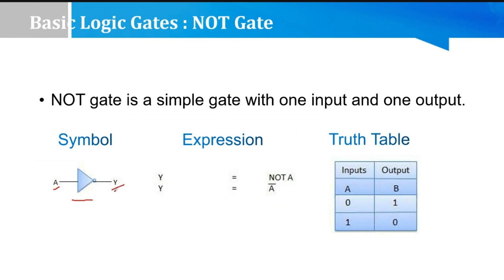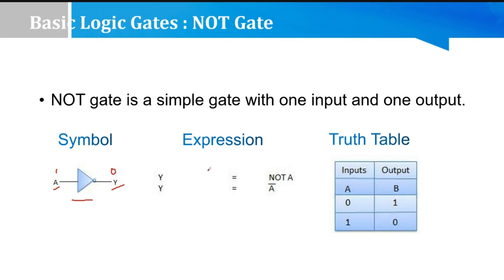How does it operate? Whatever input you give, it will give the inverted of that input. Suppose you give the input as 1, it will give the output as 0. Its operation is that whatever input you give, it will provide the inverted of that.